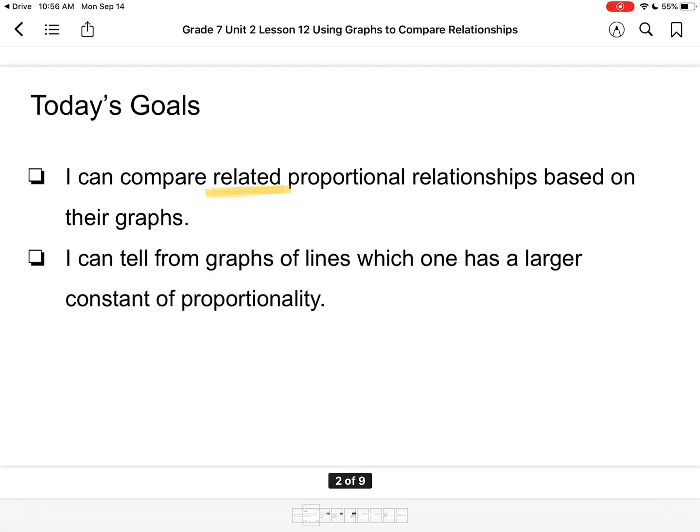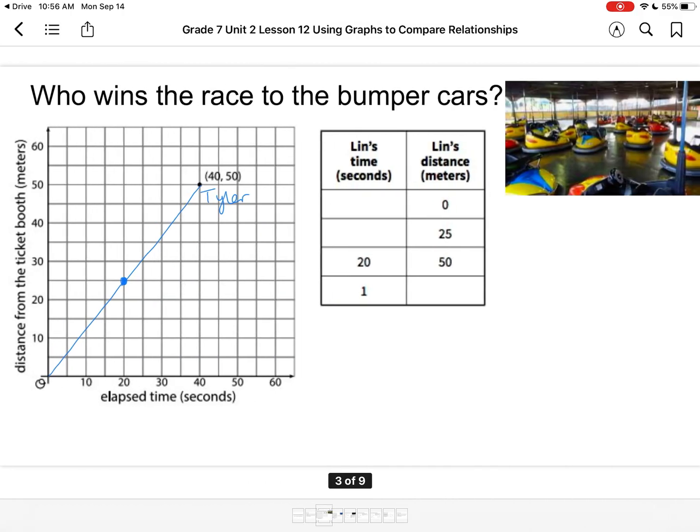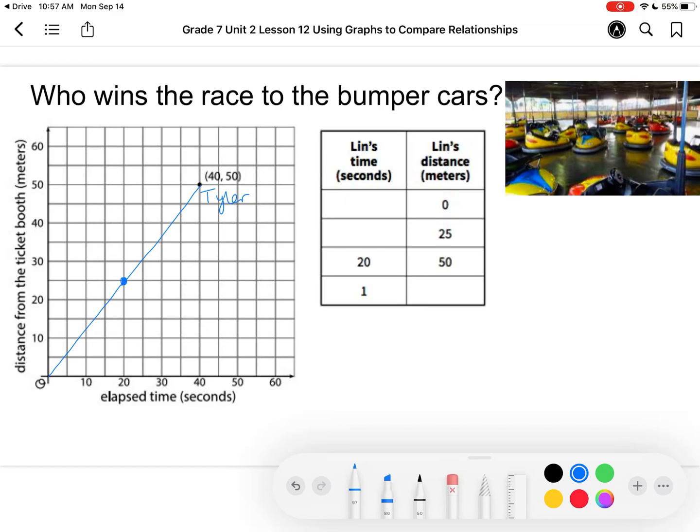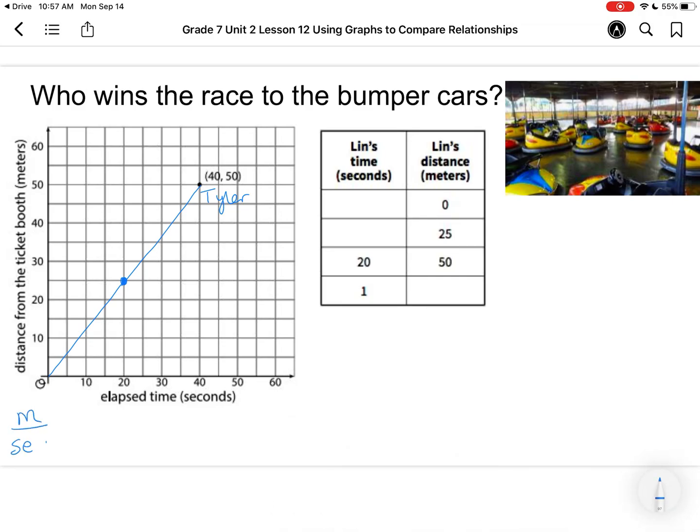And we'll also be able to tell after today's lesson, just by looking at two lines, which one has the greater constant of proportionality. So let's go back to the example we used in a previous lesson where we looked at Tyler at the boardwalk, and we're looking at meters per second, and the seconds are in the x-axis, and Tyler travelled 50 meters in 40 seconds.